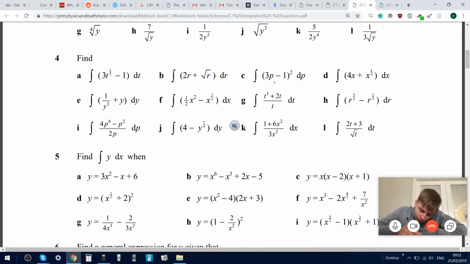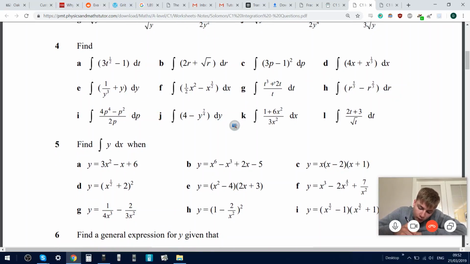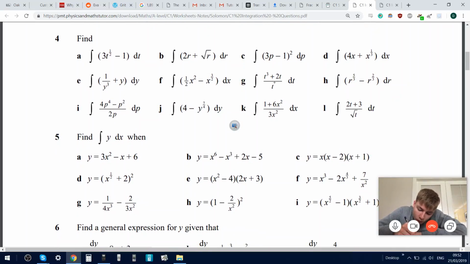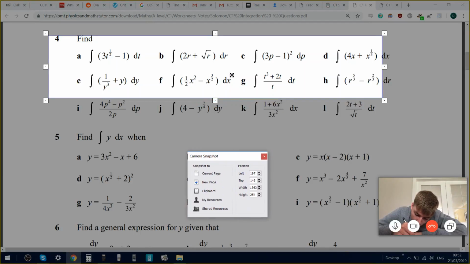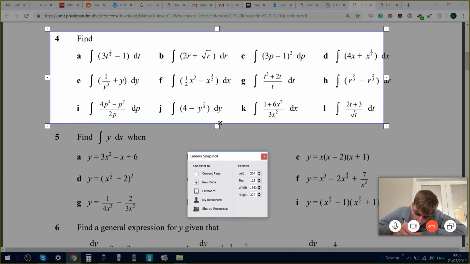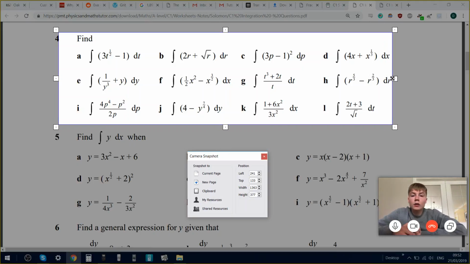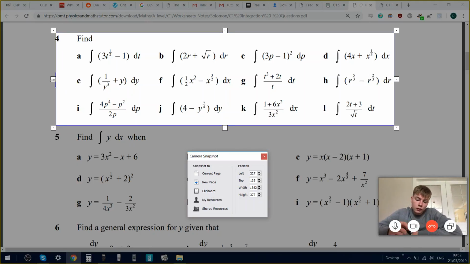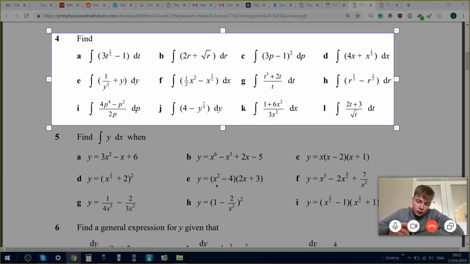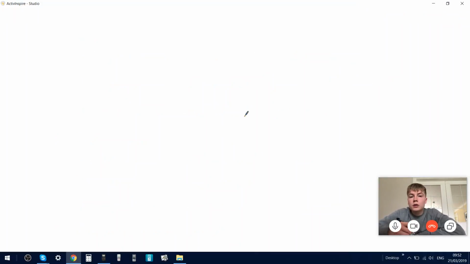Let's see. So question 4 just has 2 terms, and they don't look any more difficult. No. How would you do question G?